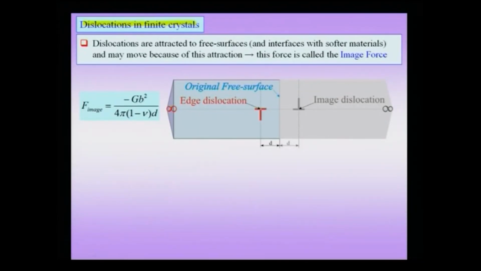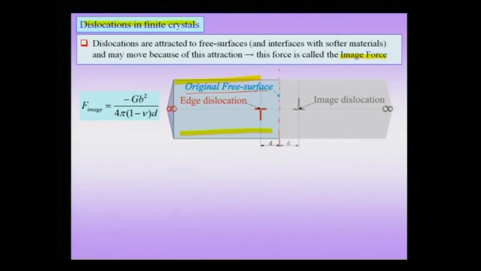Dislocations in finite crystals can feel such kinds of forces, and this force is called the image force, because to calculate this force, what is done is that, of course, you have this material here which is in blue color, and this is my free surface which is marked B, the original free surface.